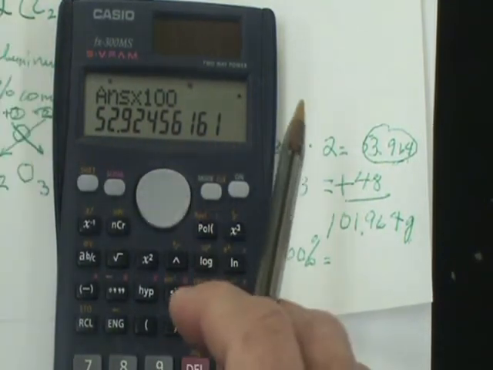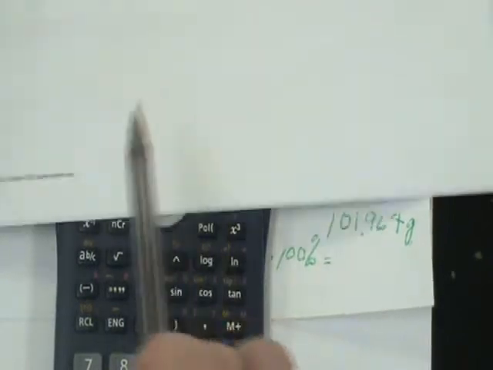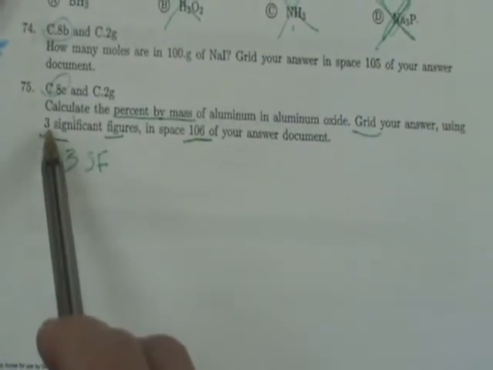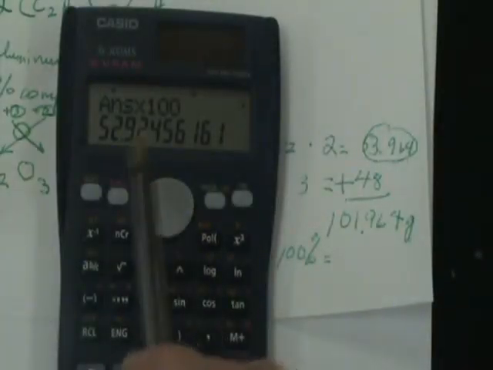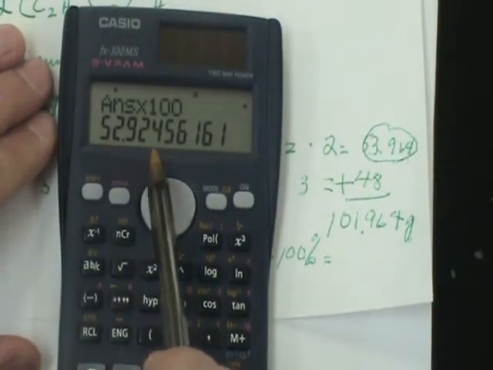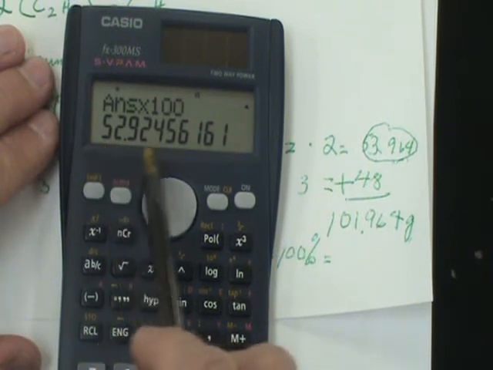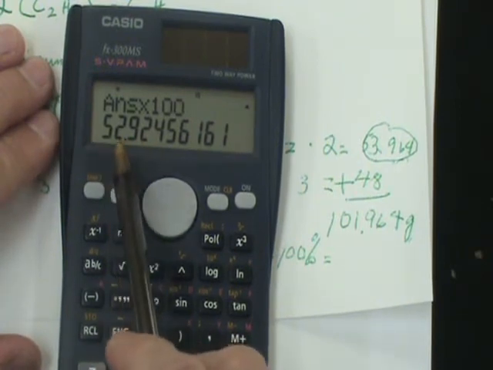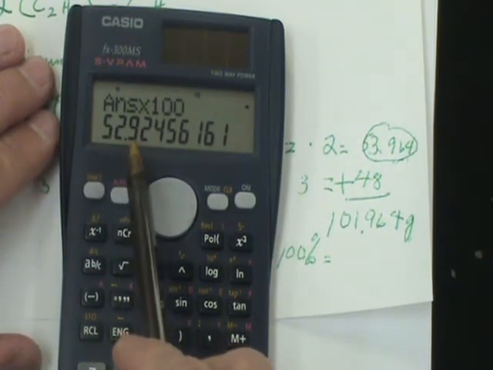Now, are you going to write down the whole number? No, that's really long. Remember, it says grid your answer using 3 sig figs. So we're going to convert this to 3 sig figs. Our first 3 digits here are 5, 2, and then the decimal point and then 9.